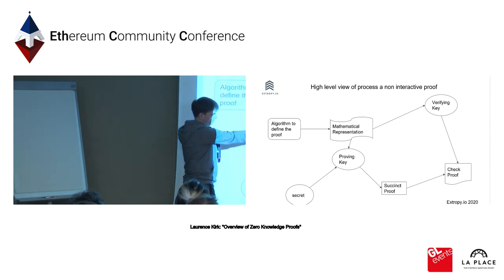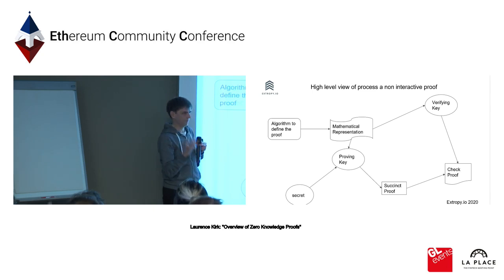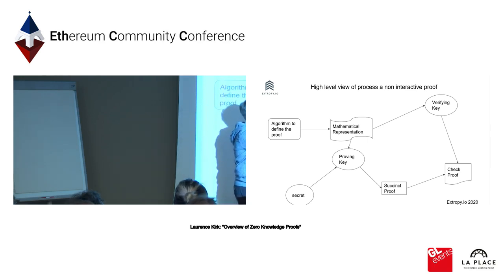This will produce a proving key, which is data the prover needs to produce the proof, and also a verifying key that the verifier needs to be able to check the proof.